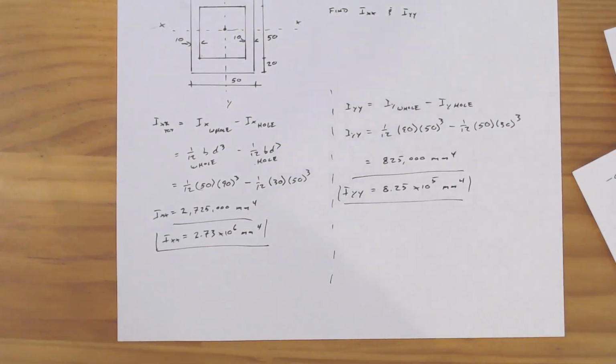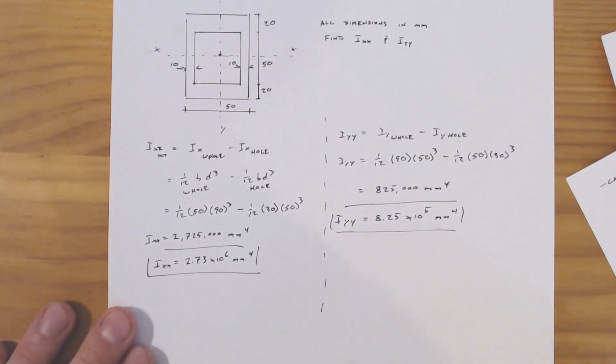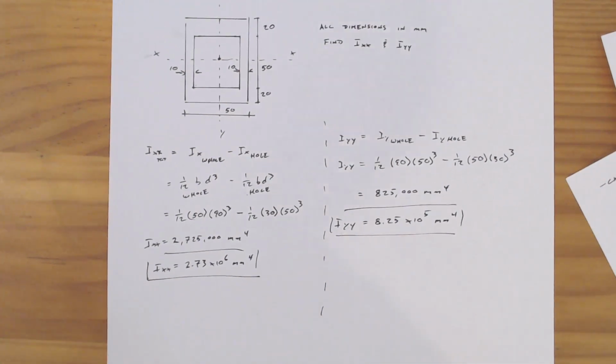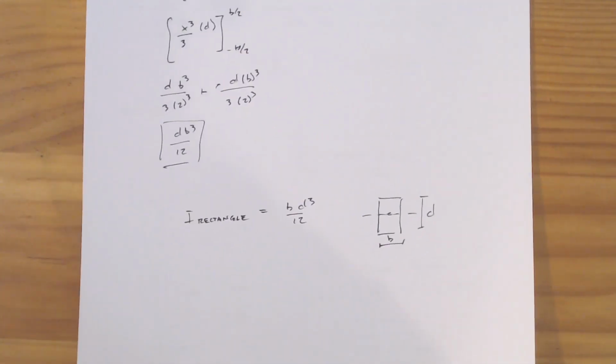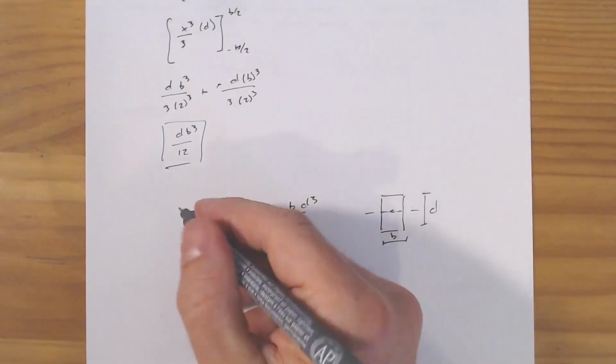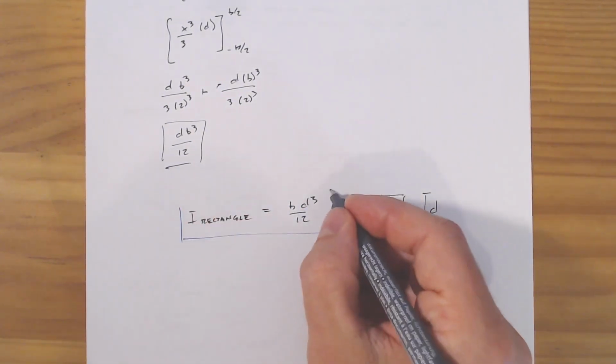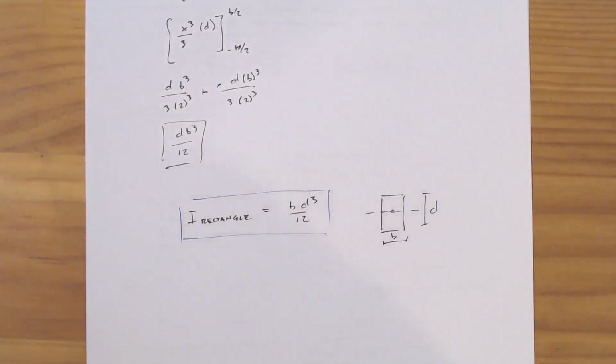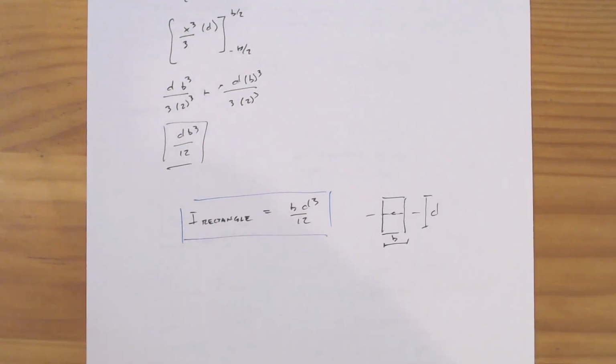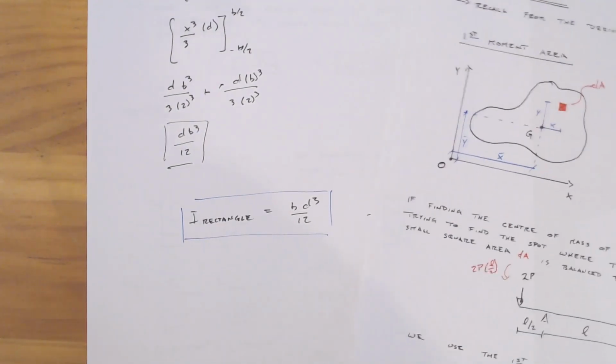So there we go. Just a few very simple examples of how to calculate some properties of plane sections. And again, this is really just the beginning of how we'll utilize these plane sections, and it's this moment of inertia which is going to become the workhorse of your analytical work for structural mechanics. For a rectangle is a common one.